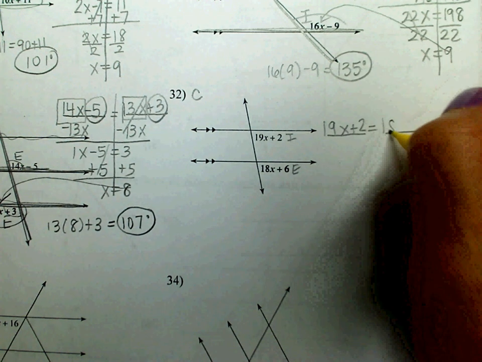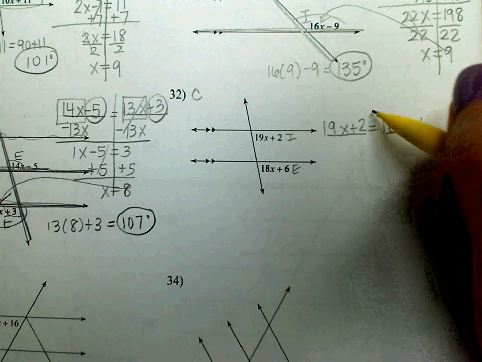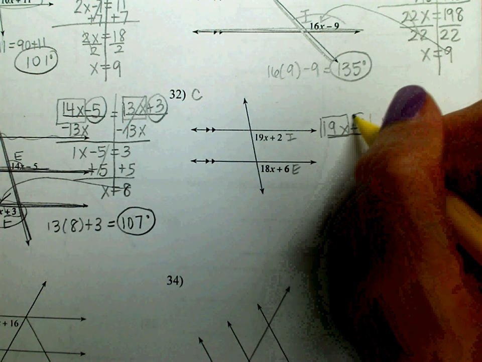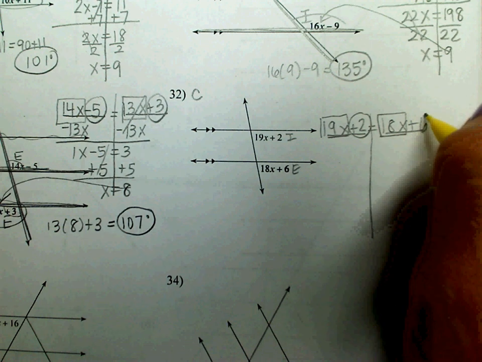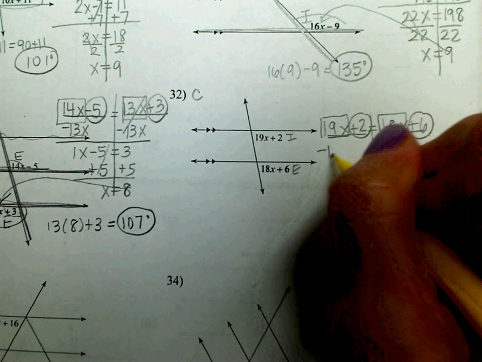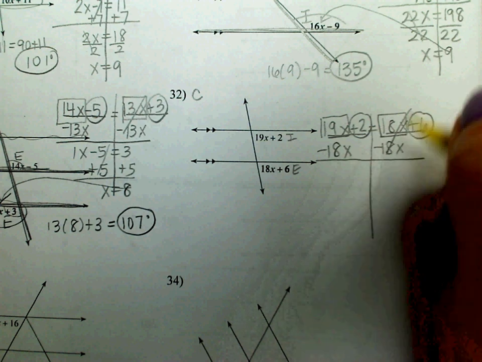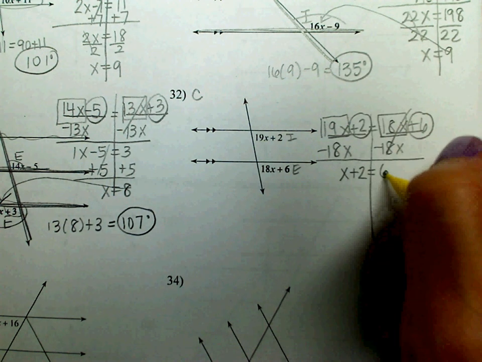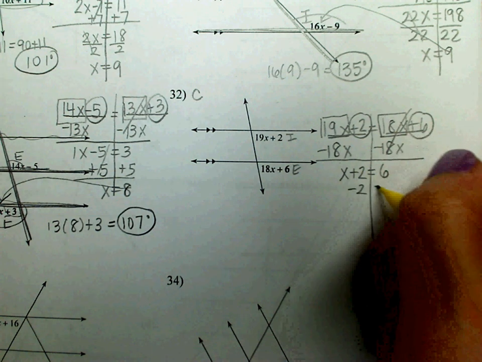Those of you that like the variable constant method, go ahead and do your thing, pause the video, and then join back with us. I'm going to subtract 18x from both sides, moving the smaller variable. That becomes x, and then plus 2 equals 6, and then subtract 2 from both sides, x equals 4.